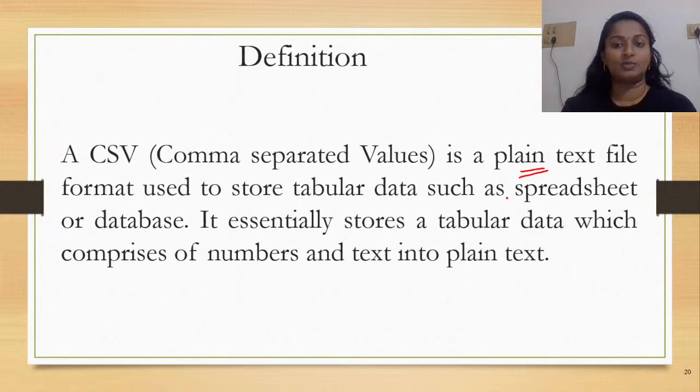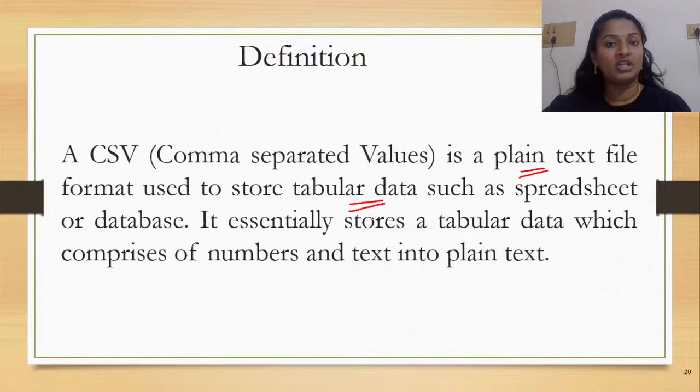Since CSV also takes the form of a plain text file, the contents are also in a human understandable form. This text file format is used to store tabular data, such as a spreadsheet or database. This is something that you need to note.